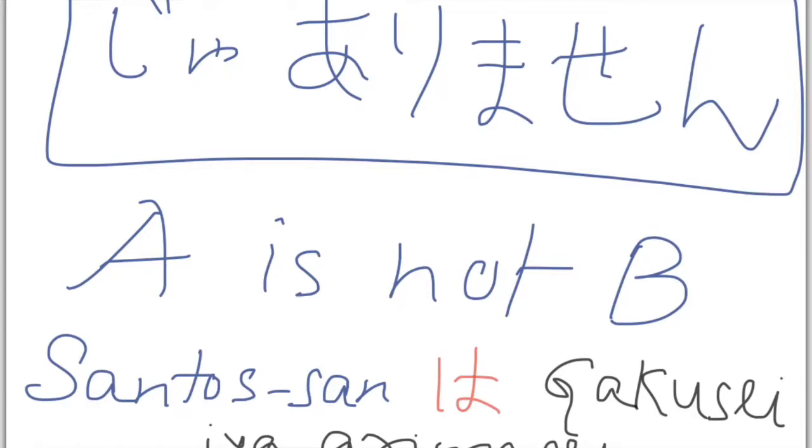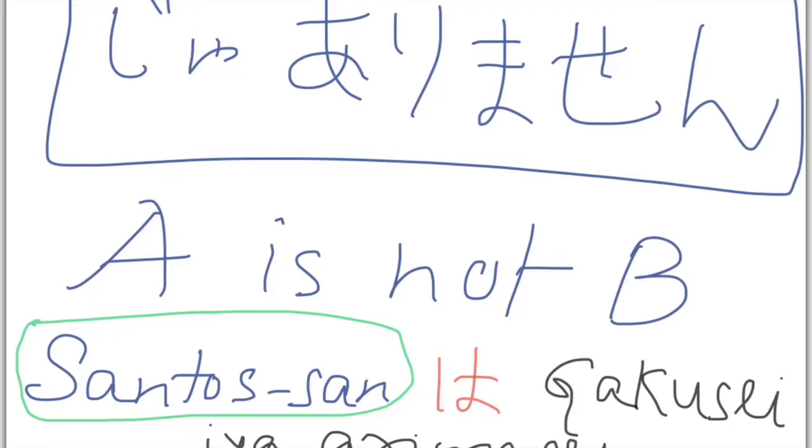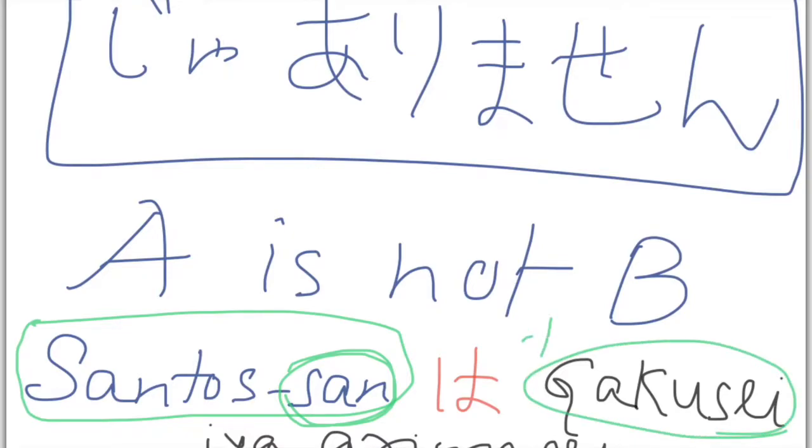Here, Santos-san is the name of the person. In Japanese, we use this san with the name. It is a polite way to speak, or also a sign of respect. And gakusei means student.